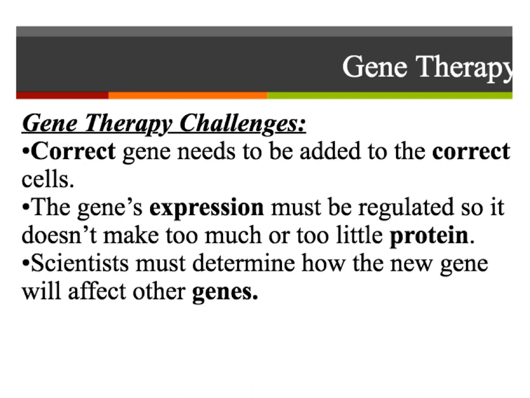The challenge with gene therapy is the correct gene needs to be added to the correct cells, and we're talking about hundreds of thousands of cells that need to be corrected. It's not just one. The gene's expression must be regulated so it doesn't make too much or too little of the protein that we're trying to fix, and scientists must determine how the new gene will affect other genes.